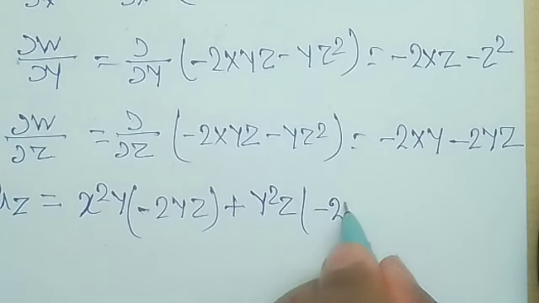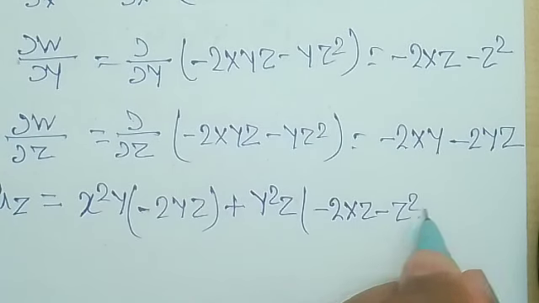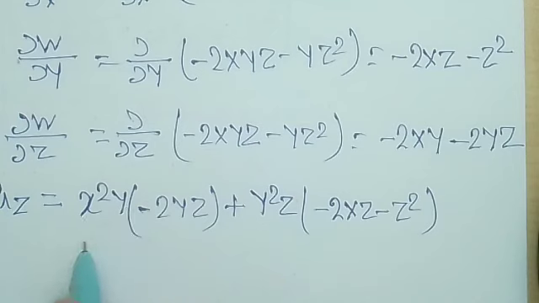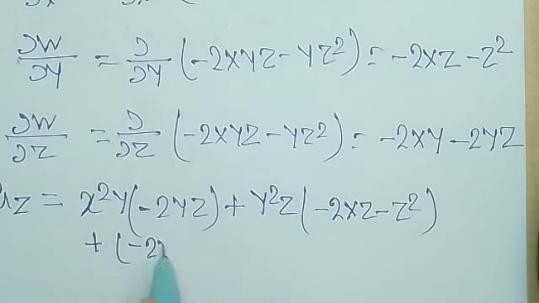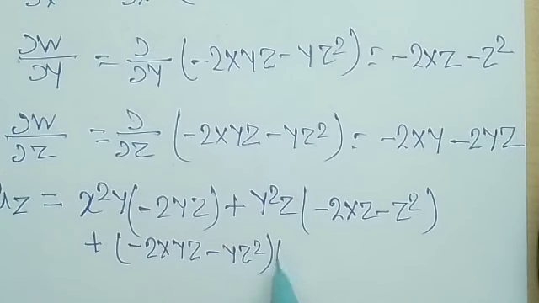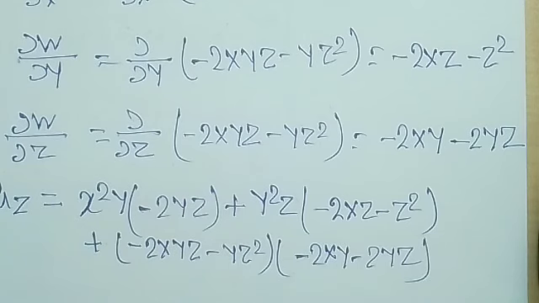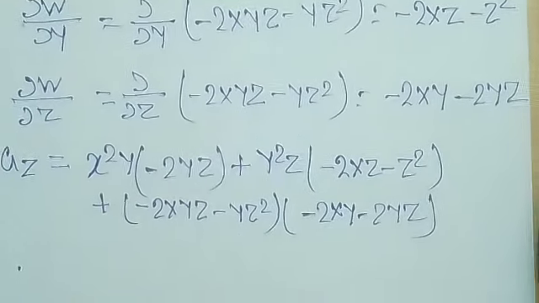So minus 2xz minus z square. Continuation, I'm not writing here, plus W into dou W by dou Z. W is minus 2xyz minus yz squared into dou W by dou Z, which is minus 2xy minus 2yz, right?